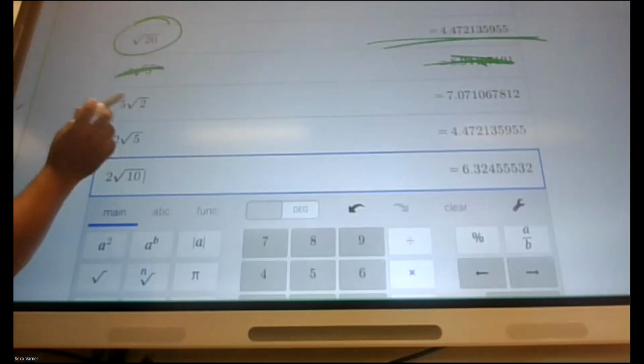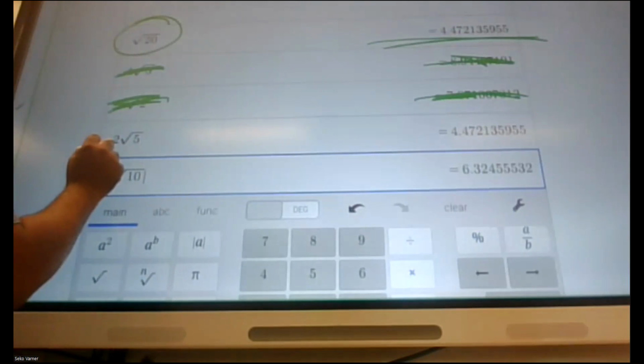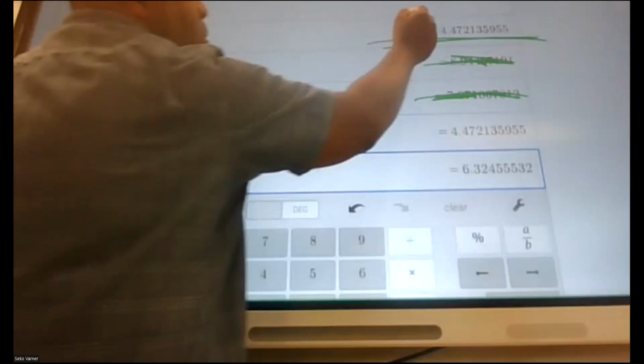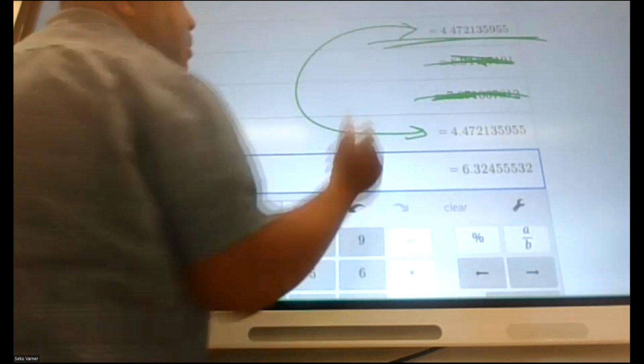Another option was 5 radical 2, or 5 times the square root of 2. That's not matching. Get rid of that. 2 radical 5. Oh, check this out. Same answer.